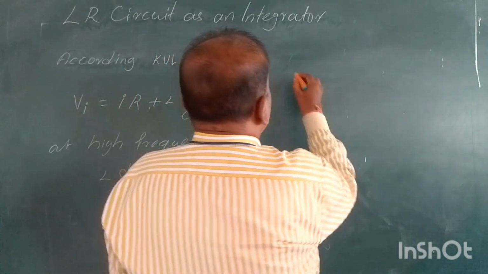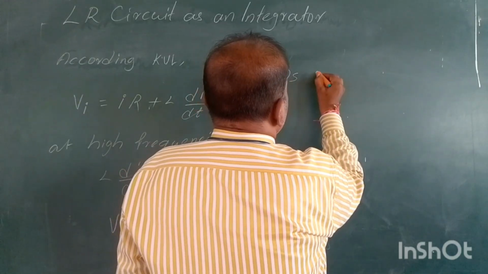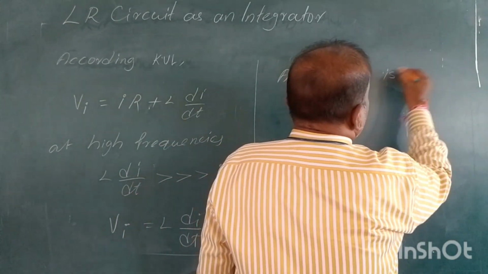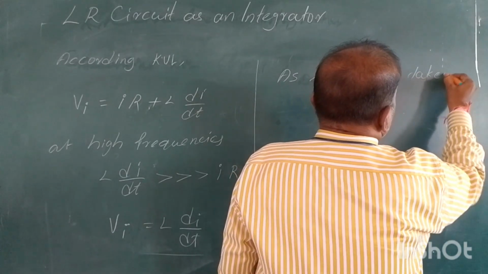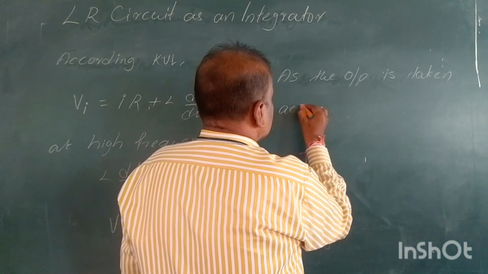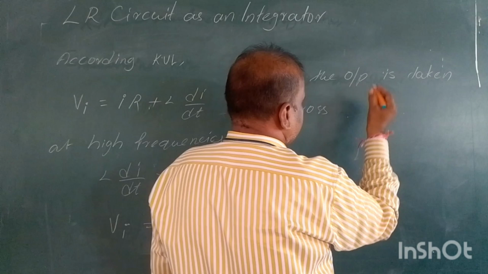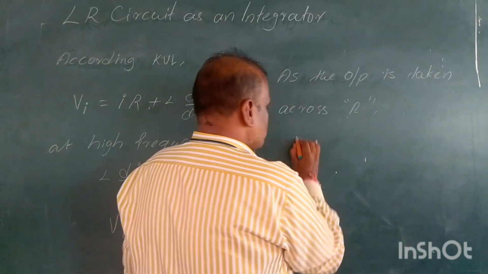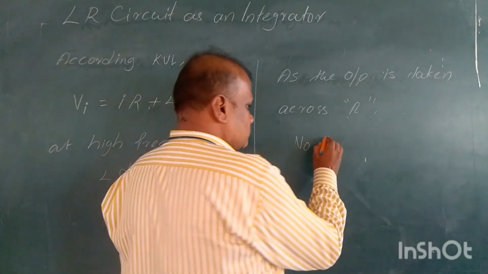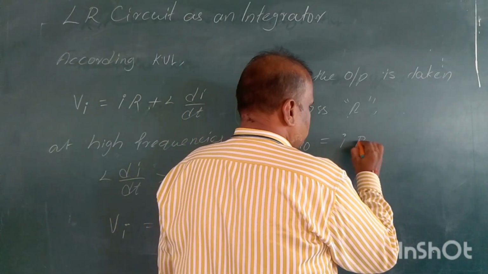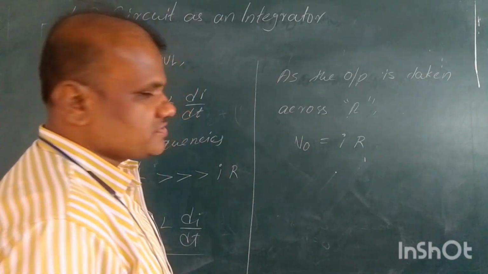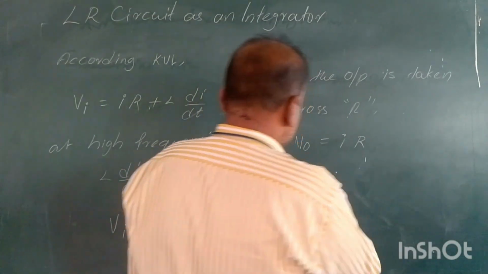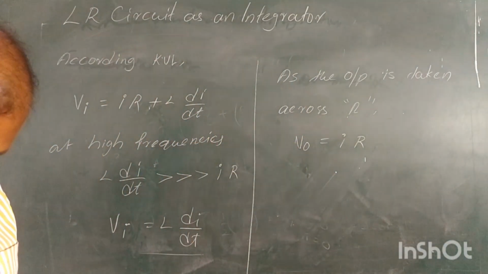But here the output voltage is taken across the resistor. From the circuit diagram we are taking the output voltage across the resistor. Therefore the output voltage across the resistor, according to Ohm's law, is V naught equal to IR. Here I am going to differentiate on both sides.